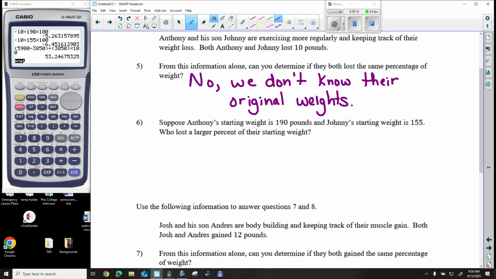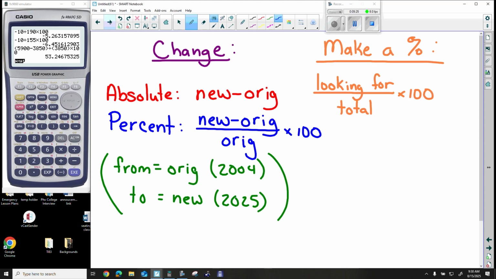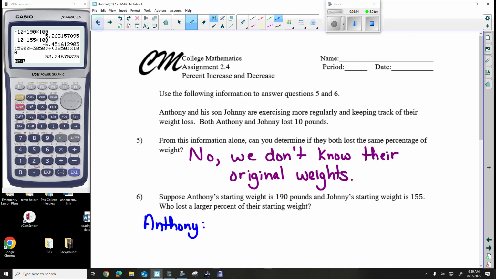All right, so let's start with Anthony. All right, so again, what we know is that they lost 10 pounds. So that top new minus original is going to be -10 for both of them. All right, so we know that top aspect of the formula right from the get.